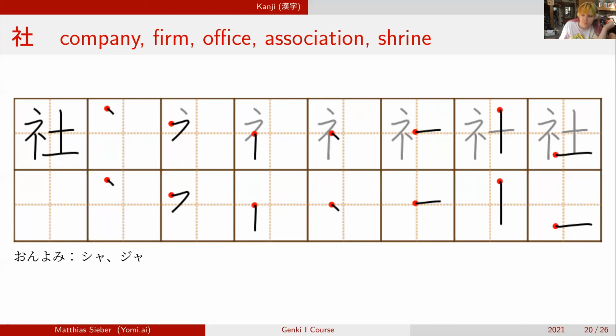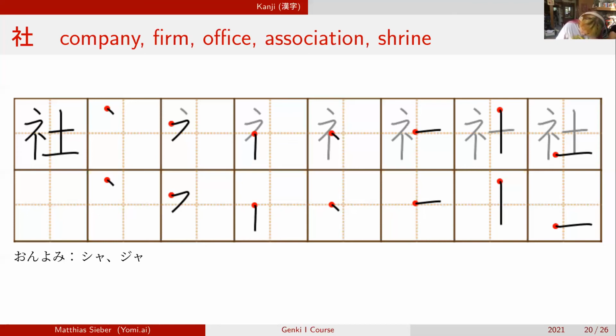But also, shakai, which is the opposite order, is society.